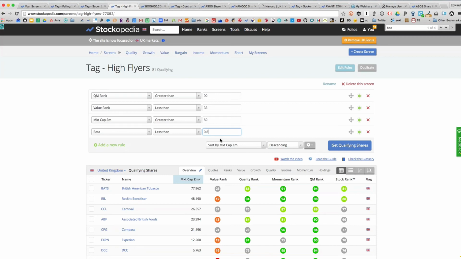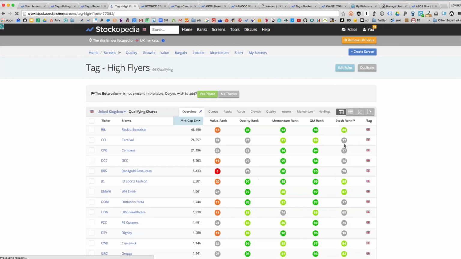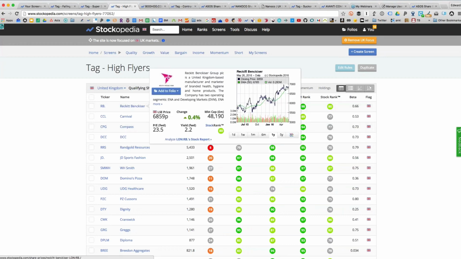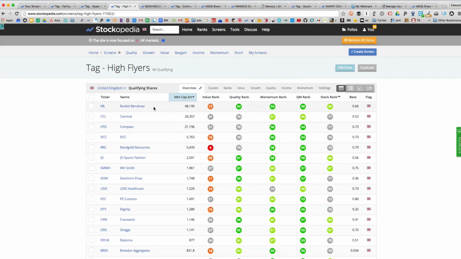A beta of 1 means that a stock tends to move in line with the market. A beta of more than 1 means it moves more, whereas a beta of less than 1 means that it moves less. So you can add beta to a screen and see it here. Like I was saying, Reckitt Benckiser is another Unilever kind of share. You can find lower volatility sets of shares, which in theory should draw down less than the market in drawdowns. But one has to be careful. I hope that answers that question.